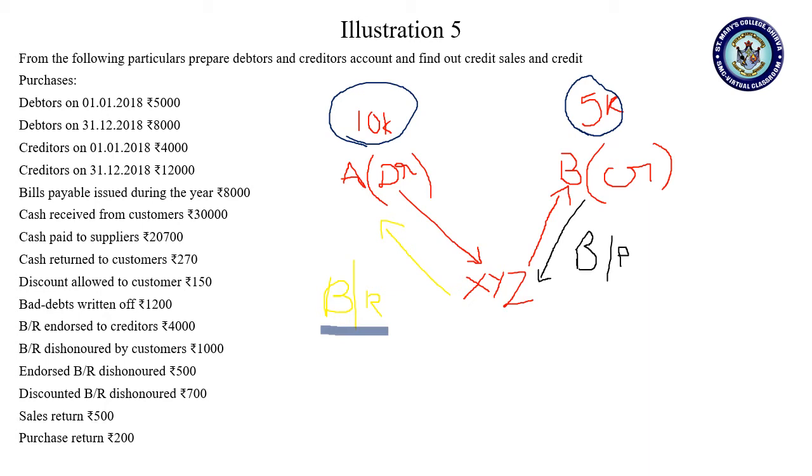What is endorsement? You issued this bill to debtor stating that you pay 10,000 immediately, but what you tell is, instead of you paying 10,000 to me, you directly pay 5,000 to creditor B. That is what endorsement is.